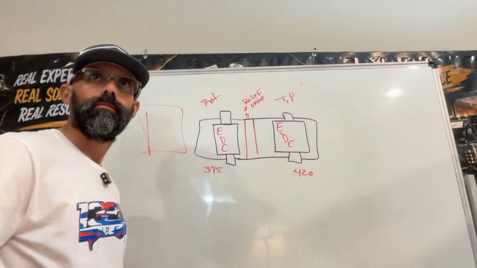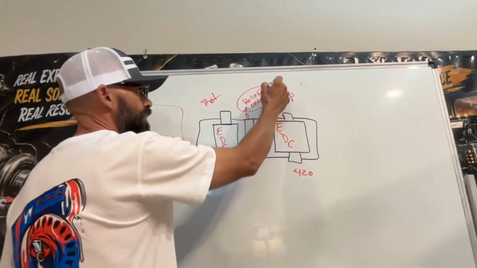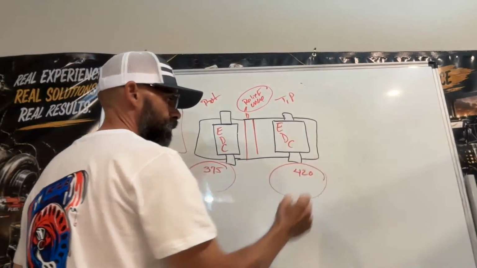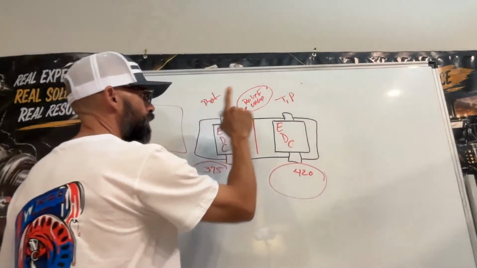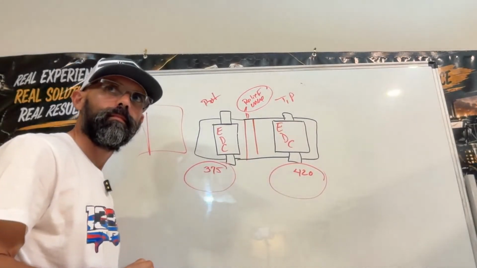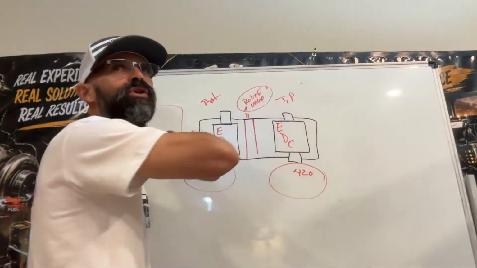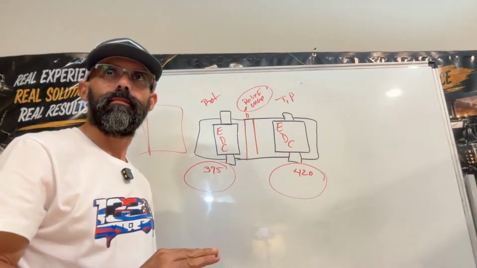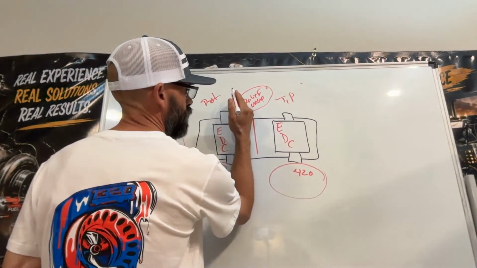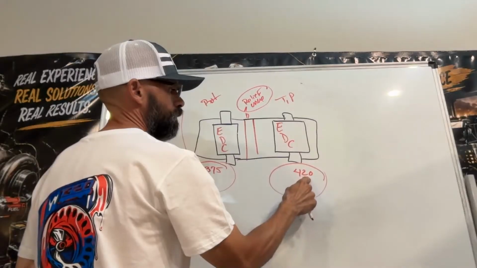No. Because if you mess with this, you're gonna affect this pressure and this pressure, because you only have one relief valve for both systems. Don't even touch it. Concentrate only on the pressure that you gotta work on.